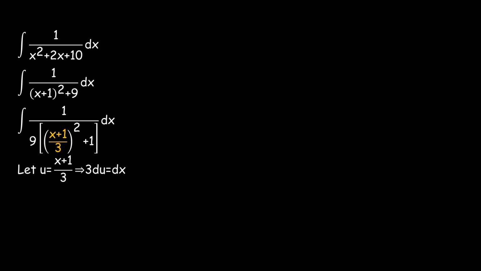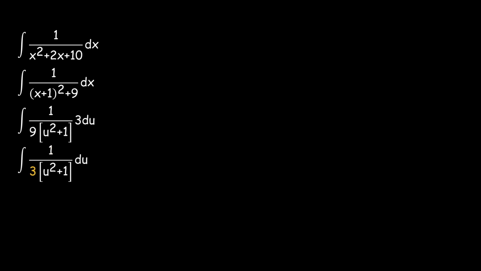And then we're going to replace this. So let's replace the u's first. If we replace the u's, we're going to have 1 over 3 u squared plus 1. Of course, 9 is divisible by 3, so you just cancel out. Okay, we have 1/3 times 1 over u squared plus 1, and we can see that this is the integral of tan inverse.